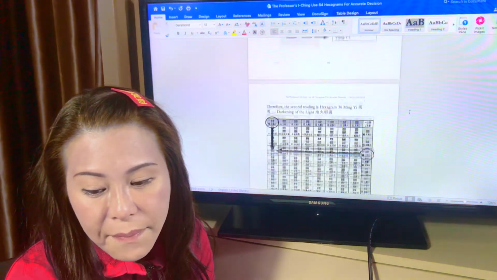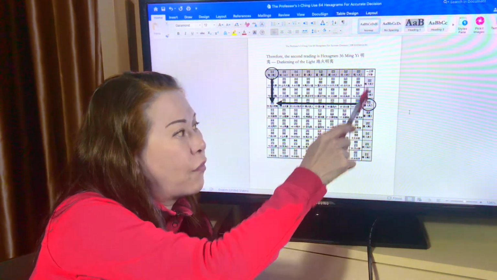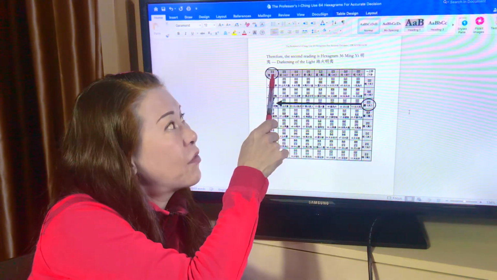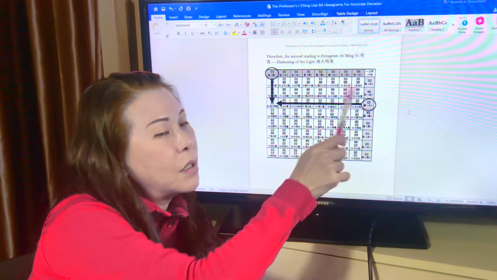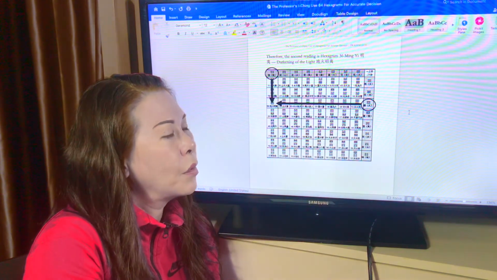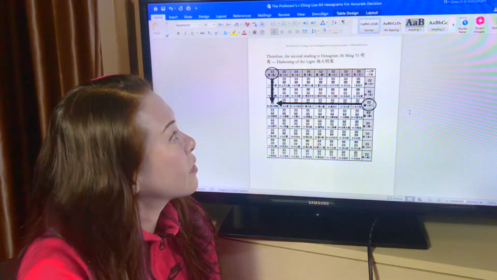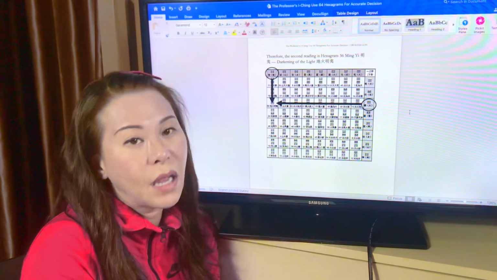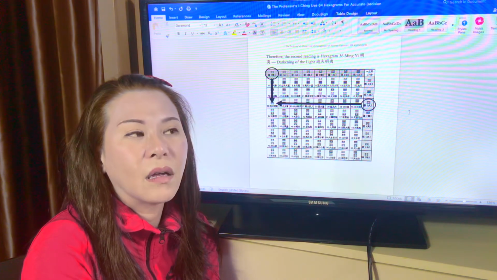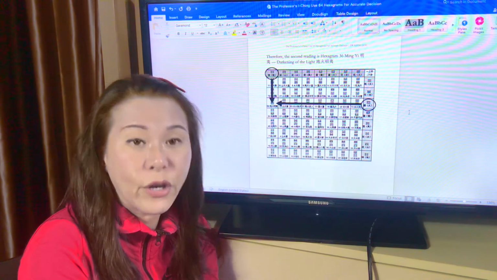So the upper trigram is 8, and after converting the changing line we get the new lower trigram. That's how we get hexagram 36, the second reading. Hexagram 36 provides the outcome of your decision, or the outcome of your question.